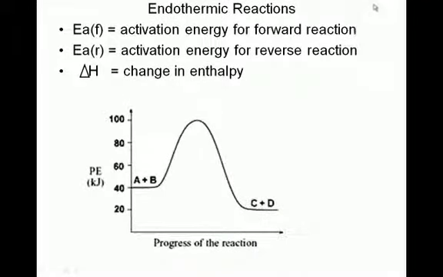So let's look at an endothermic reaction. So again, we have the activation energy in the forward. So this is our reactants, and C and D are our products.